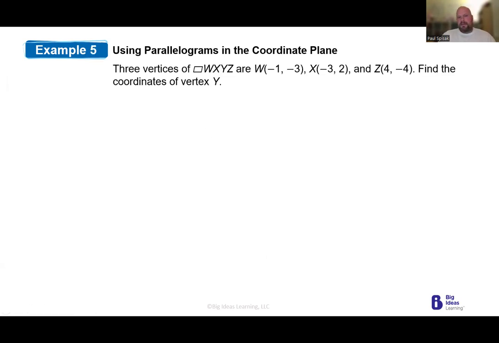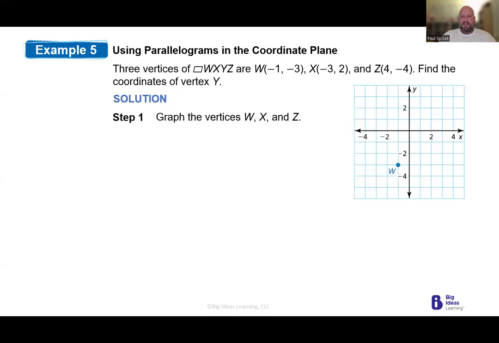All right. Using parallelograms in a coordinate plane, 3 vertices are given to us. Find the coordinate of vertex Y. So if this is a parallelogram, you have to remember they are given to us in order. So we have to go in the order W, X, Y, Z. So graph the ones that are given to us.